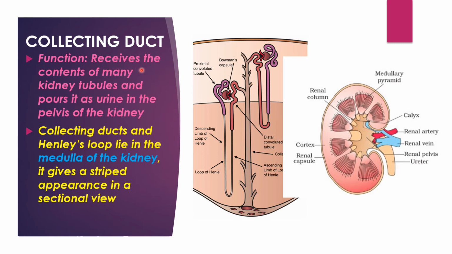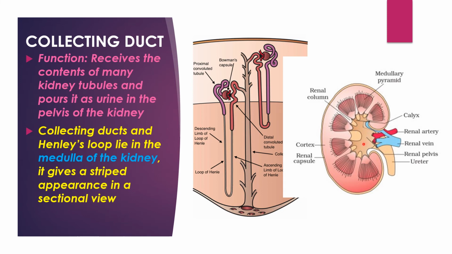It receives the content of many kidney tubules and pours it as urine into the pelvis of the kidney. Collecting duct will pour the urine into the pelvis of the kidney.